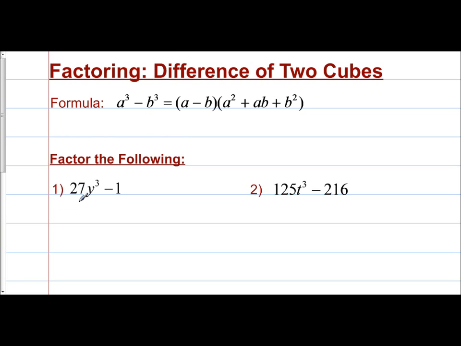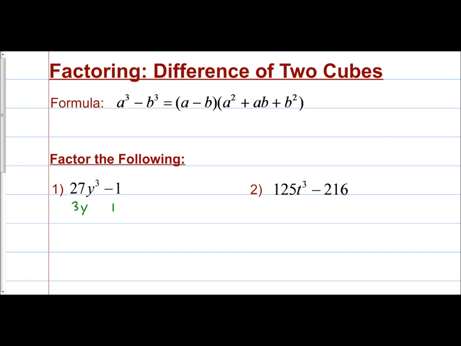The cube root of 27 is 3, and the cube root of y cubed is y. For some reason, it's hard for some students to realize 1 is a perfect cube. The cube root of 1 is 1. 1 times 1 is 1, so it's a perfect square. 1 cubed is 1, so it's a perfect cube. 1 to the fourth is 1, a perfect fourth power.